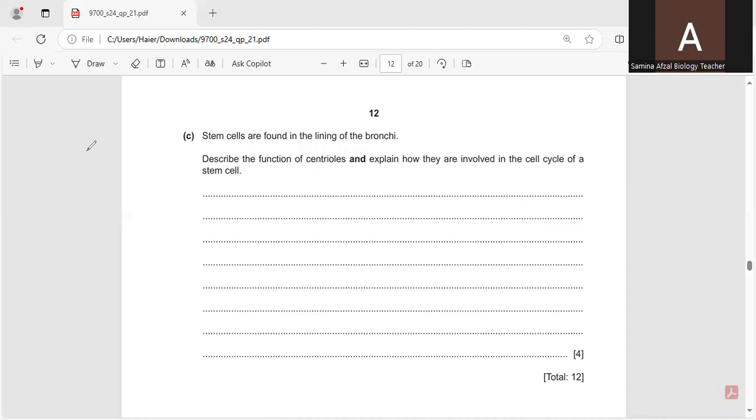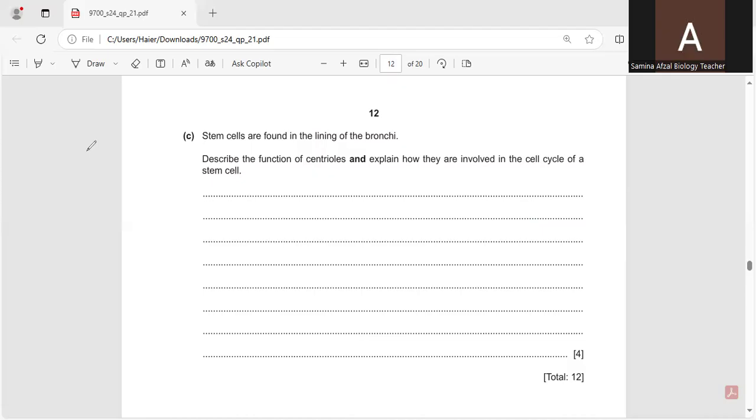And then at the time of cell division, when the centromere is divided in the anaphase and the chromosomes move towards the opposite poles, these microtubules or centrioles are helpful in the movement of the chromosomes.